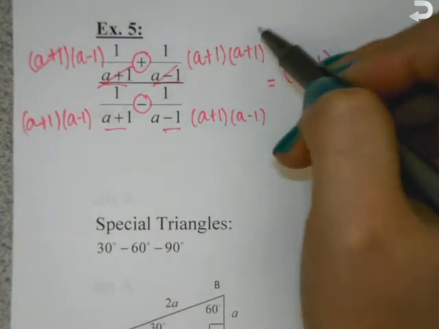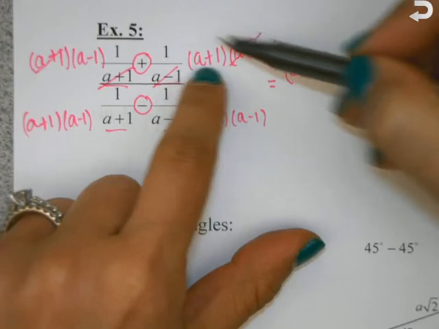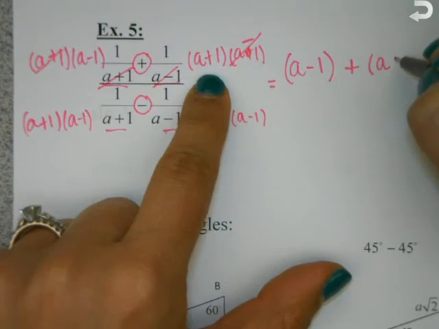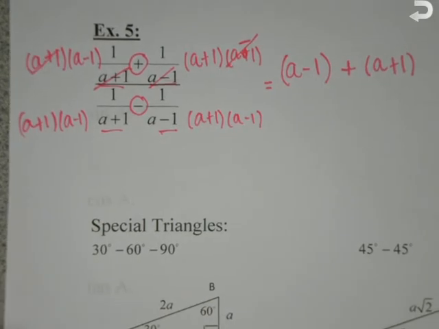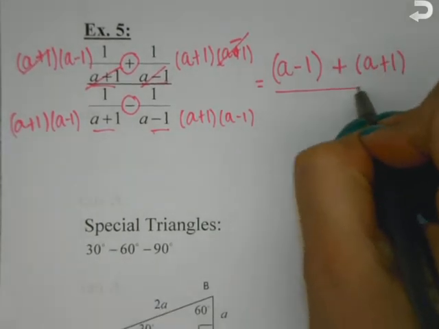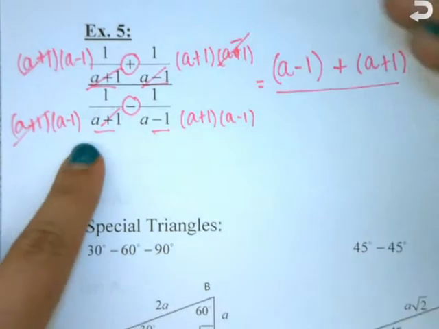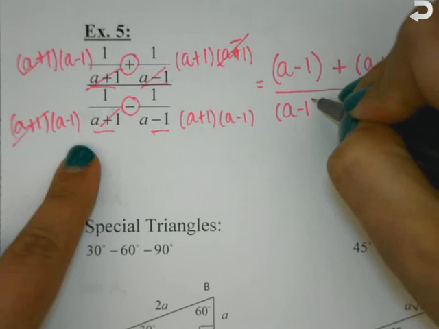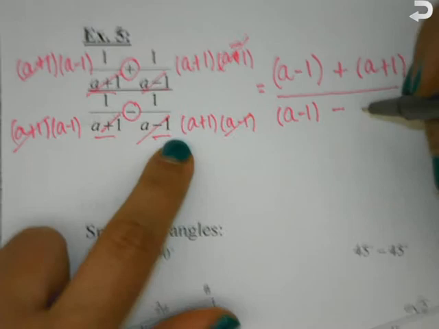Oops, I did 2 a plus 1. a minus 1. So 1 times a plus 1 leaves me with a plus 1. Also keep it in parentheses for now. All over, a plus 1's reduced here, so that's a minus 1. Minus. a minus 1's reduced, so we're left with a plus 1.